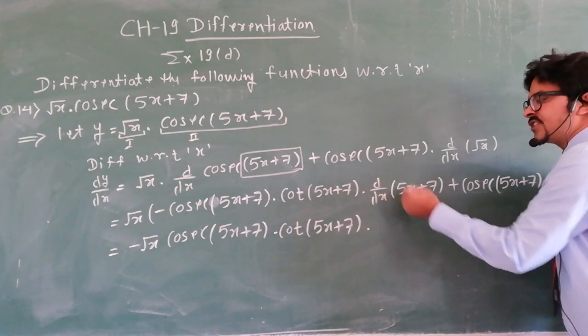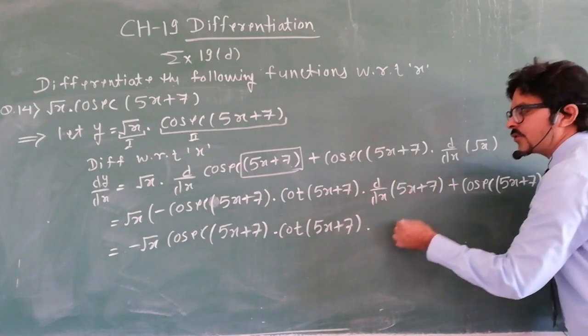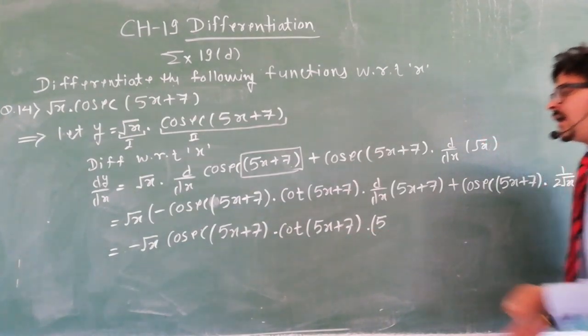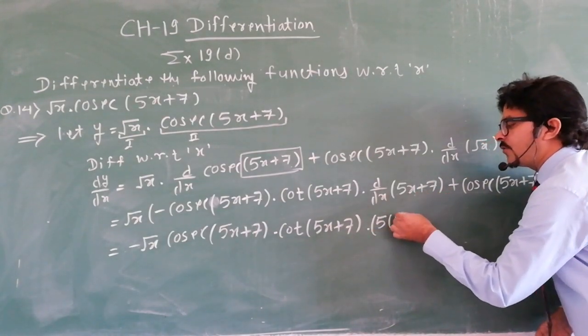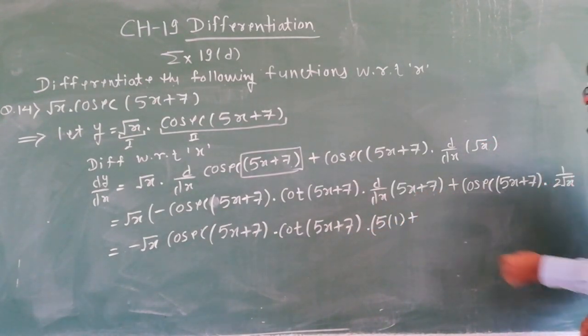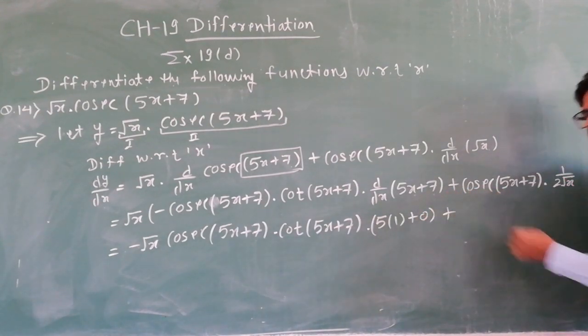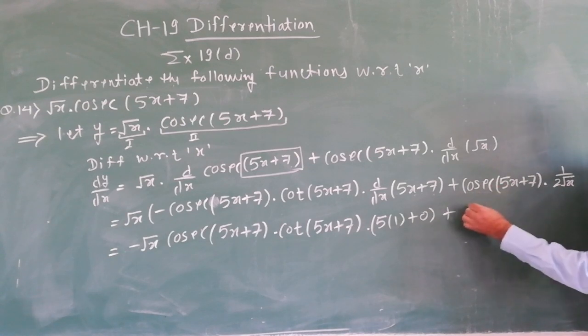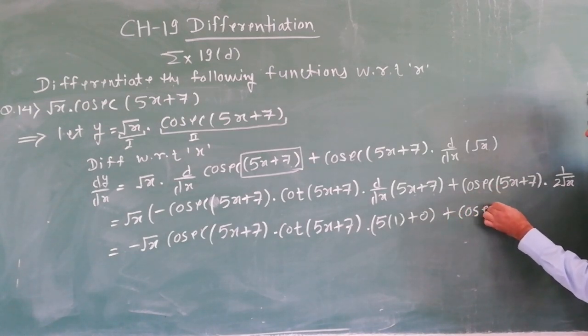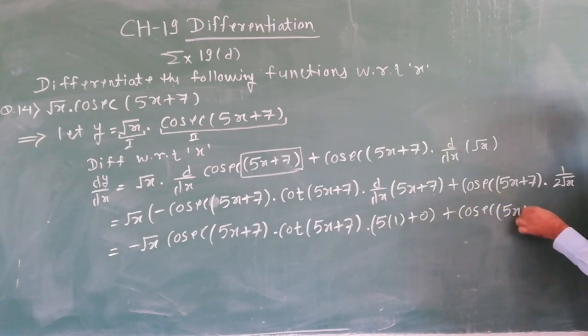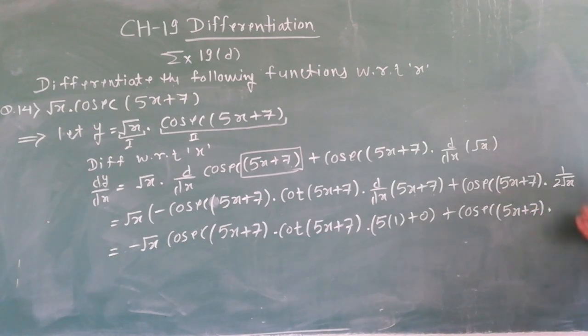The first function is 5x, where 5 is a constant that we take out, and the derivative of x gives 1, plus the derivative of 7, which is a constant, is 0. On the second term we write plus cosec in bracket 5x plus 7 into 1 upon 2 root x. Is that clear? Yes. Okay.